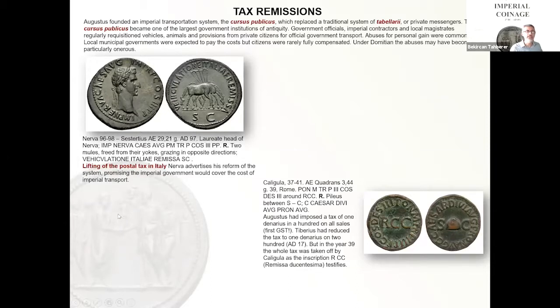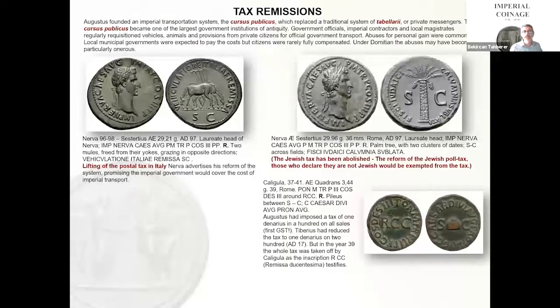And the legend simply says, Vehiculatione Italiae remissa, and with the permission of the Senate, of course. And Nerva did more to gain popularity among certain people in the Roman Empire.